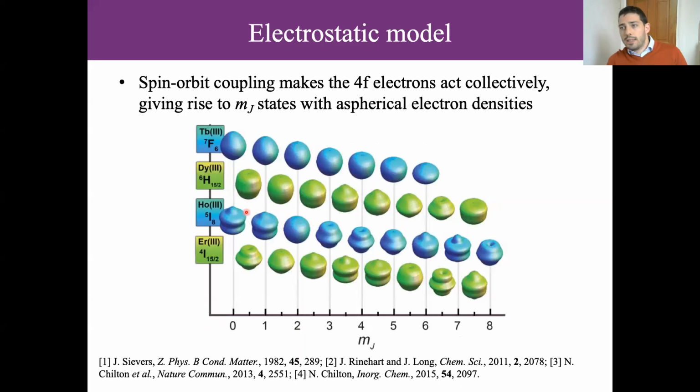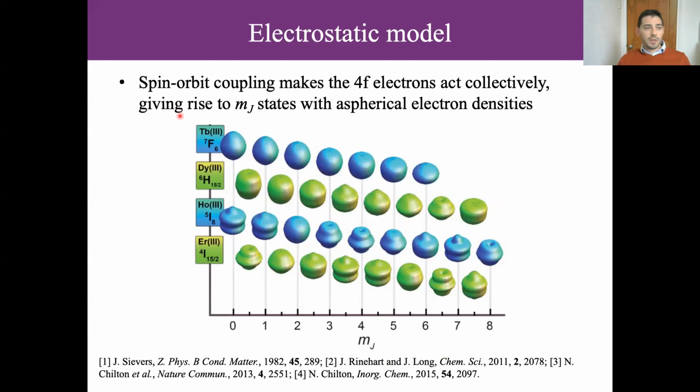And so it was really in 2011, this paper from Rinehart and Jeff Long in Chemical Science, from Berkeley, that proposed this concept of using electrostatics, classical electrostatics, to design complexes. And so when we're talking about spin orbit states, we're talking about total angular momentum states of the 4f electrons.